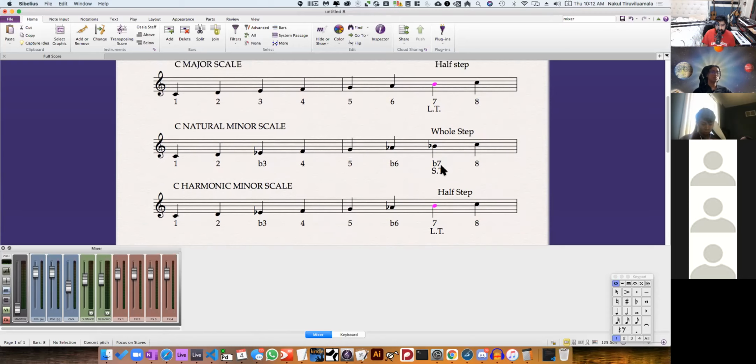But if it's a flat 7, it's called the subtonic. Now, as it turns out, when you have the 7th scale degree as a leading tone, a half step away from the tonic, it has more gravity towards this final note than the natural minor scenario.